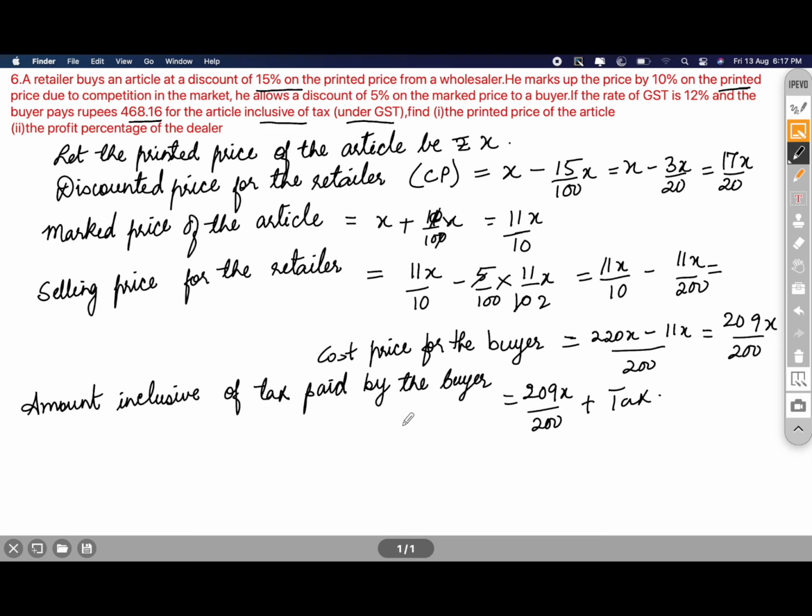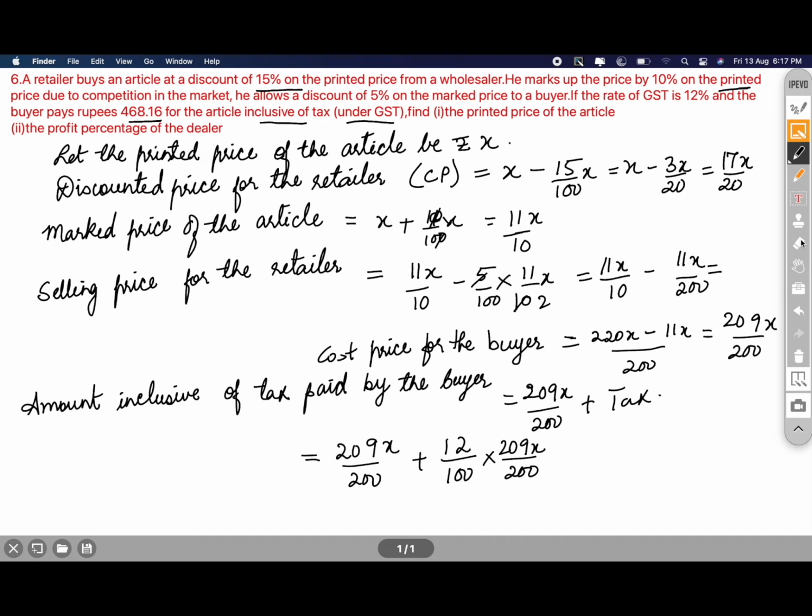And what is the tax paid by the buyer? So cost price first, and now we are going to write the tax as 12% of 209x by 200. Please simplify this very carefully.